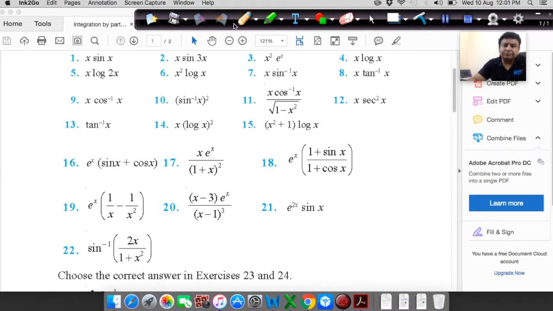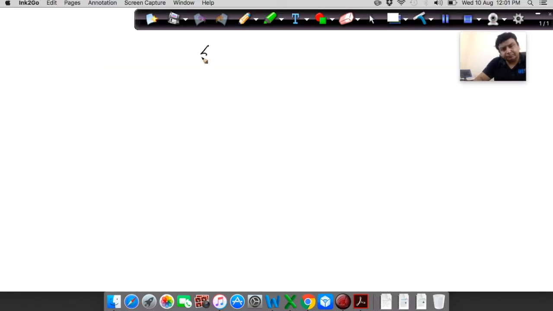This one, sine inverse x whole square. In this, you can take sine inverse x whole square into 1 and solve.